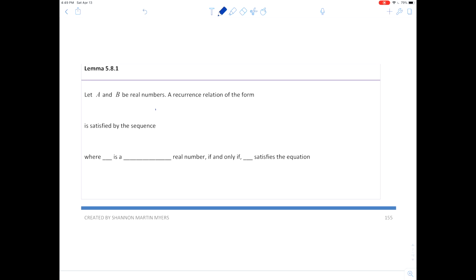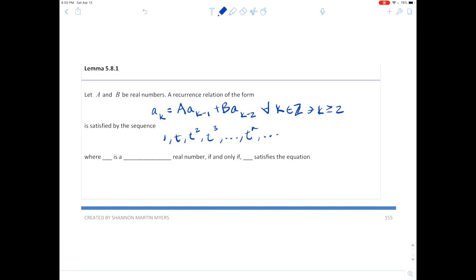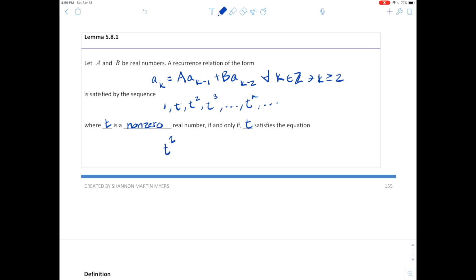A recurrence relation of the form a sub k equal to capital A times a sub k minus 1 plus capital B times a sub k minus 2 for any integer k greater than or equal to 2, to keep it second order, right, is satisfied by the sequence 1, t, t squared, t cubed, all the way to t to the n and on, where t is a non-zero real number, if and only if t satisfies the equation t squared minus a times t minus b is equal to 0, all right?